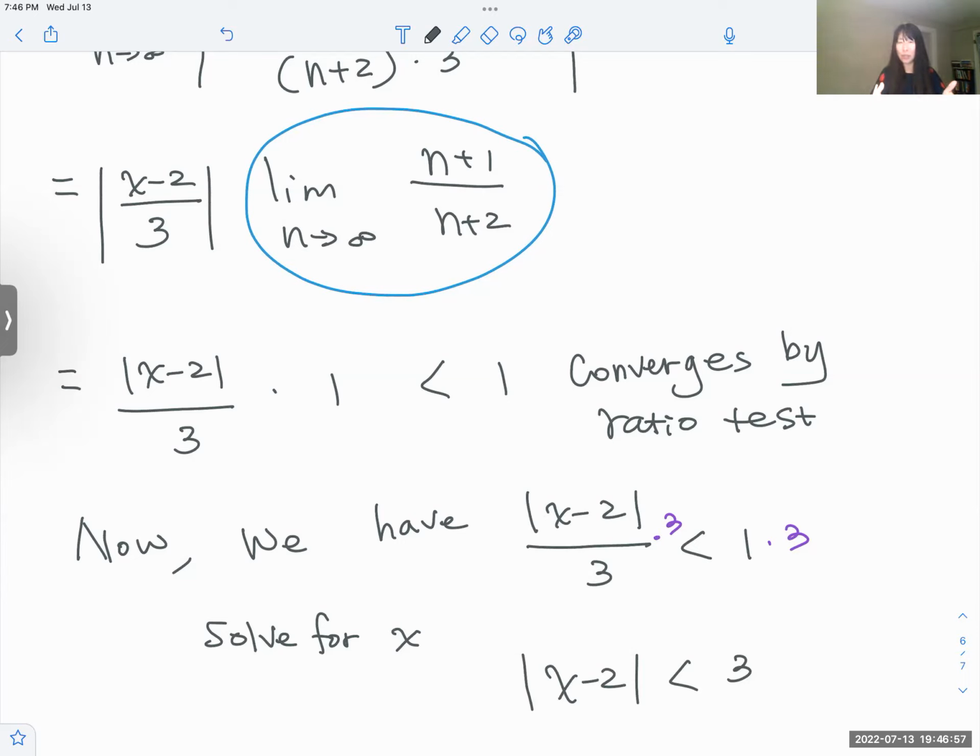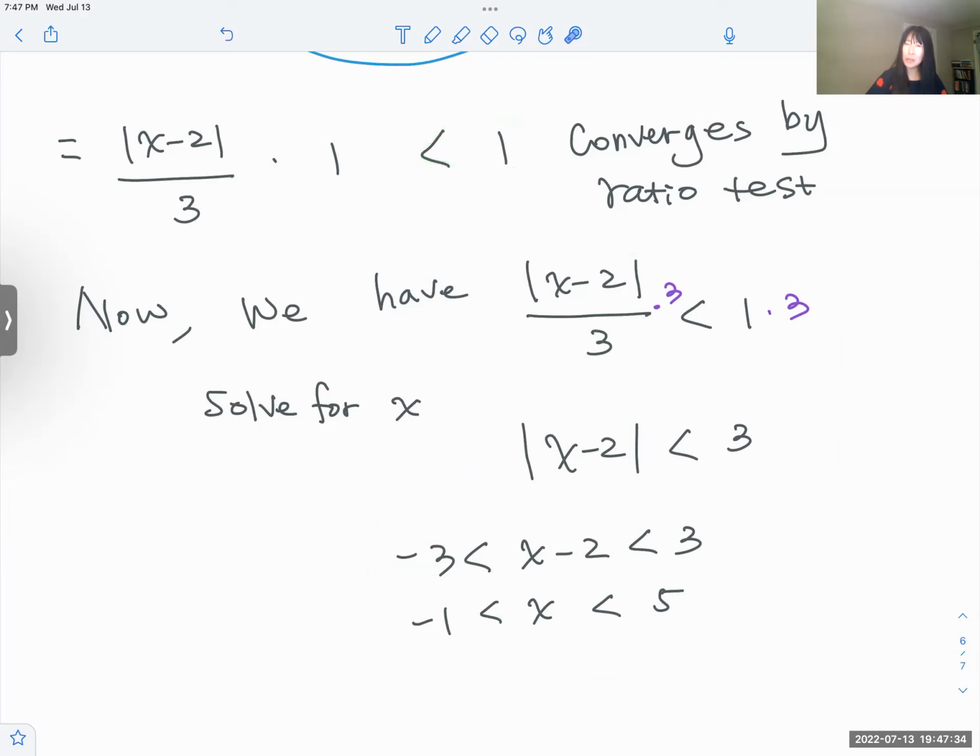So we get negative 1 and positive 5, right? We say that this is less than 1, and this is how we solve for x. Then this will converge, right? Make sense?